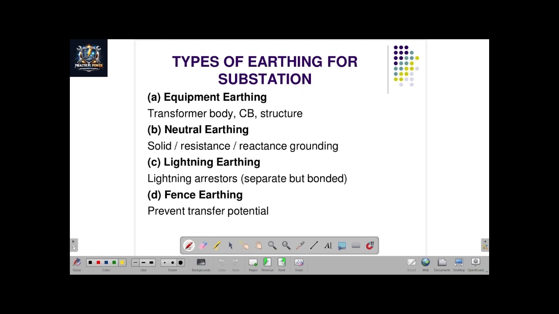Lightning arresters should be separate but bonded to earth. Fence earthing: the substation fencing should be earthed to prevent transfer potential. Any transfer potential will be broken there. At the fence, it will be properly earthed.